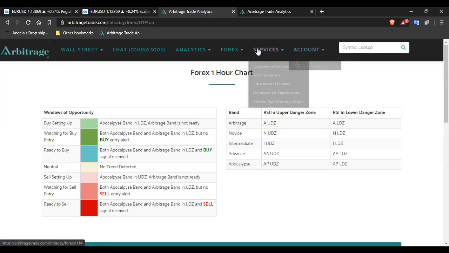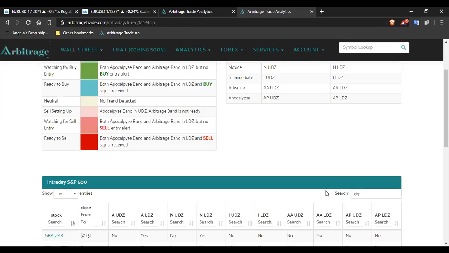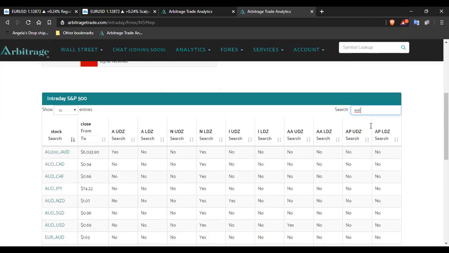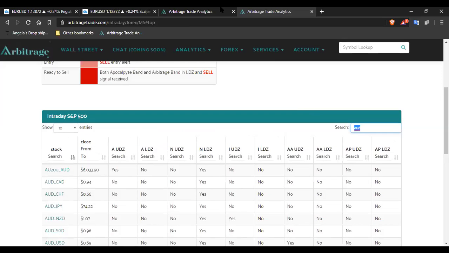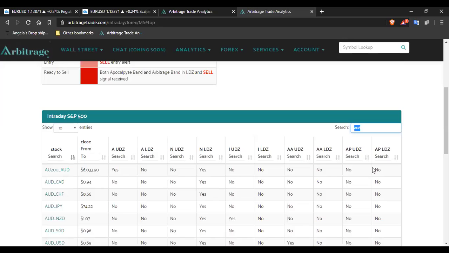Going to go on to AUD pairs. Pretty sure that's a no on the AUD pairs. I don't really need to go back and forth. If I don't see anything on the 5-minute, I'm not going to look on the 1-hour. So let's go on to NZD.